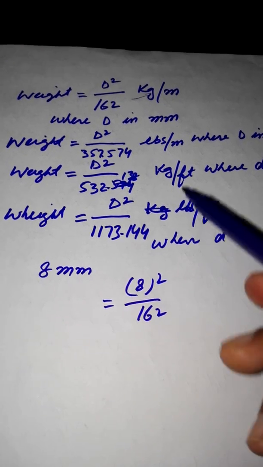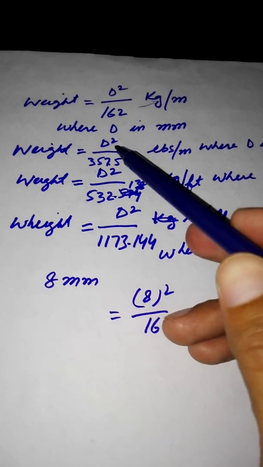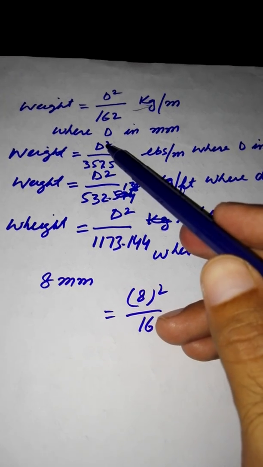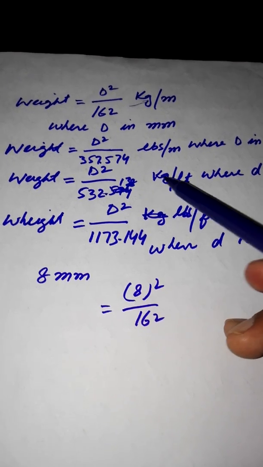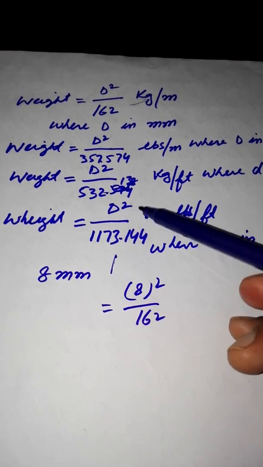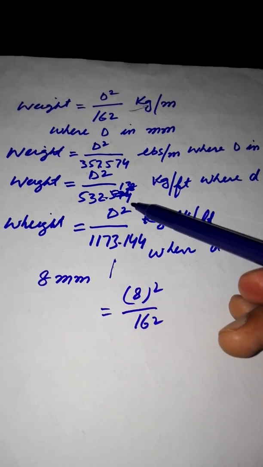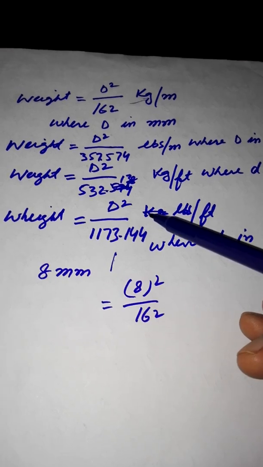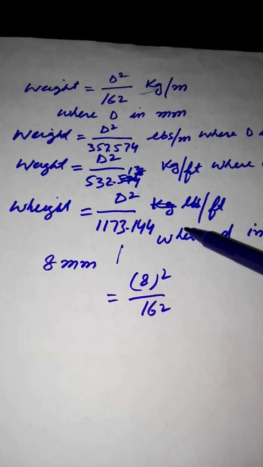If we want to calculate weight in pound per meter, we have to put die of steel in this formula. Similarly, if we want to calculate weight in pound per foot, we will use this formula. So this is a very important topic for new students.